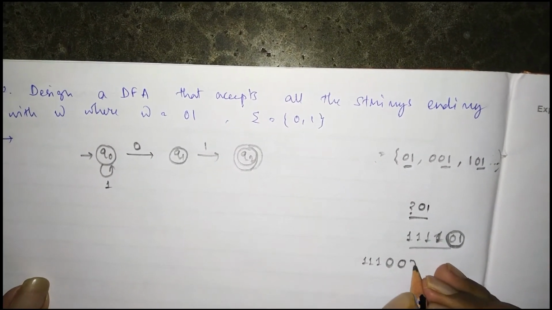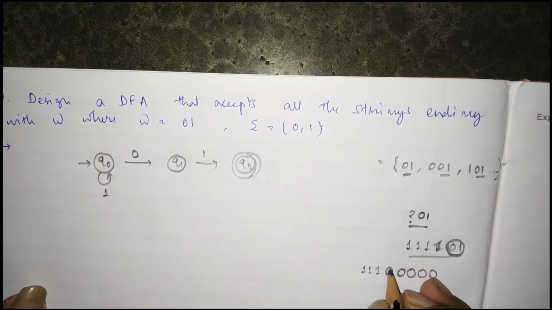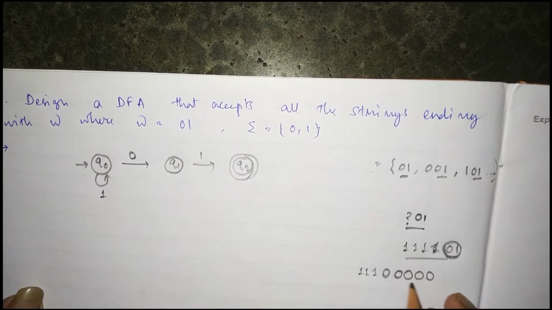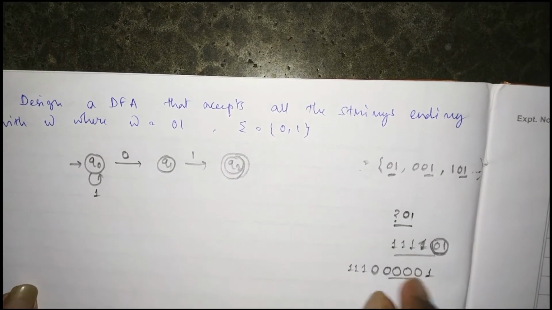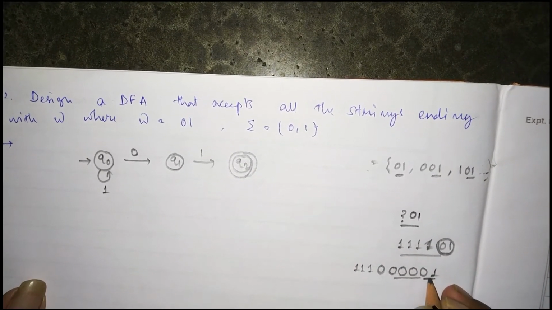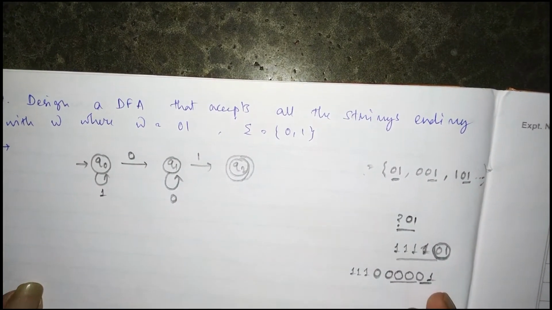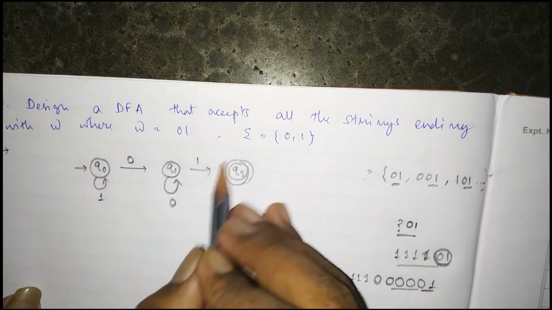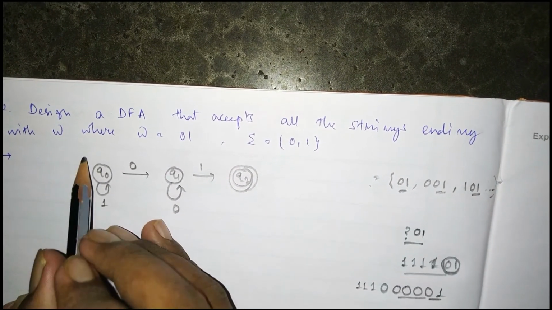Then if we have multiple zeros instead of 1, that is 0, then multiple zeros and then 1, the condition is still satisfied, right? Because this portion is still present. So this means that we can have a self loop over here also. Now the main tricky portion is here, ending with W.